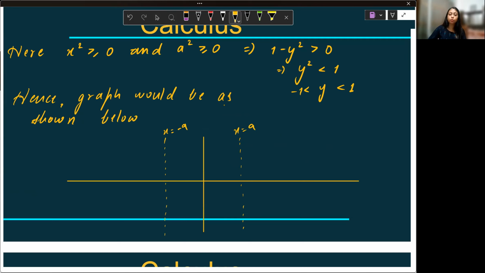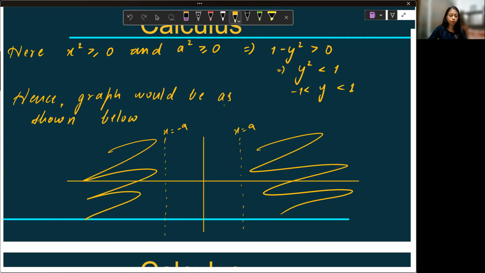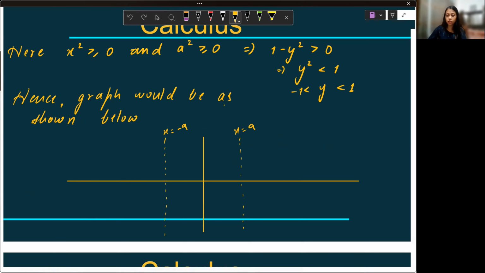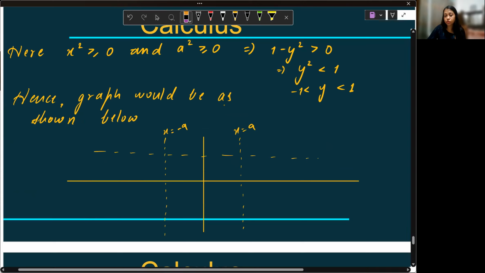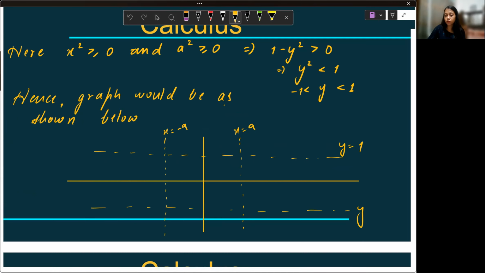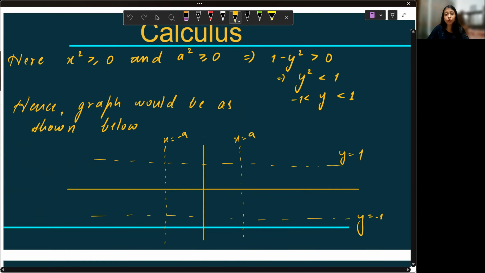Okay, so the graph has to be in this section and this section. Let's talk about only this very side. Over here, y equals 1 and y equals minus 1 are asymptotes.